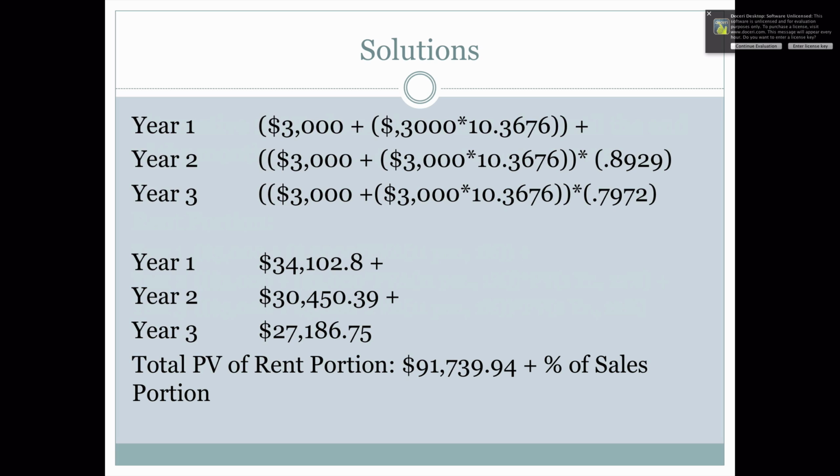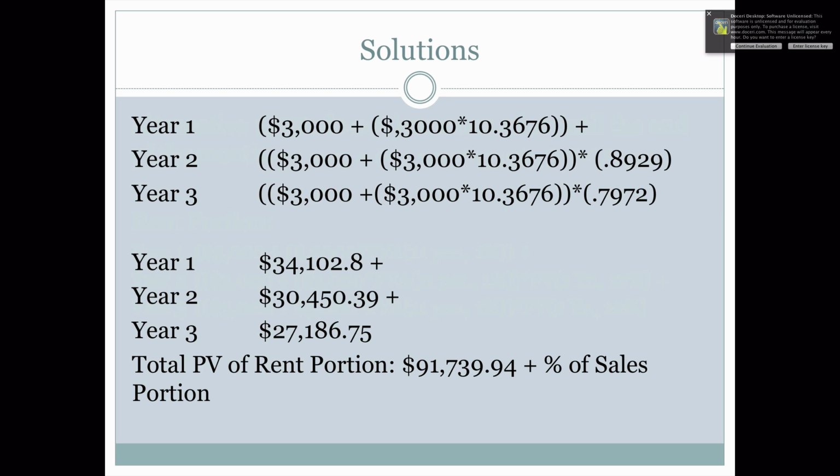But I like to keep things consistent, so I just go ahead and do it year by year. That way I'm teaching you how to do any problem, and you don't have to differentiate between one or the other. So the present value of the rent portion is $91,739.94, and we got that by adding years 1, 2, 3 together.